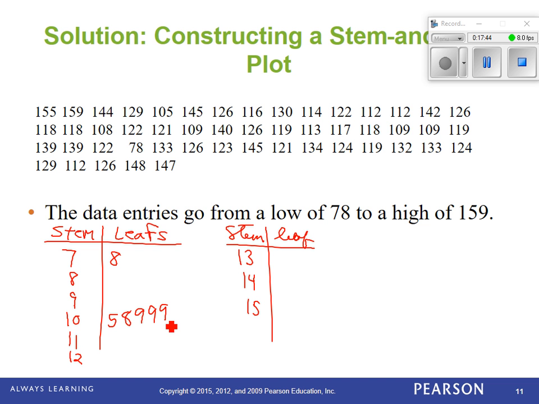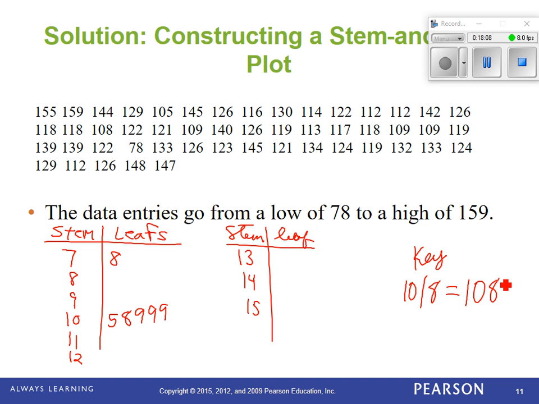Alright? So, our key is going to tell us, when we make a key for this, we're going to have a key and it's going to say something like 10|8 means or equals 108. So we don't need commas in between all those numbers.